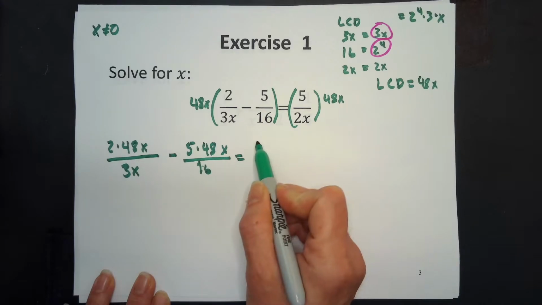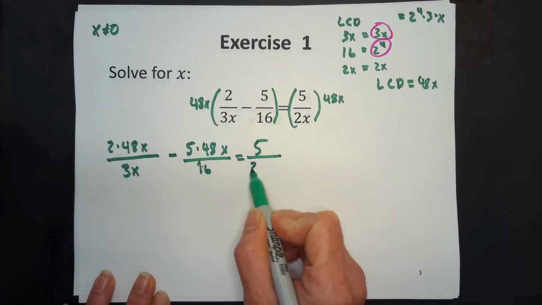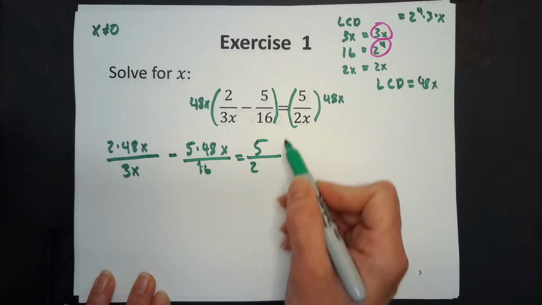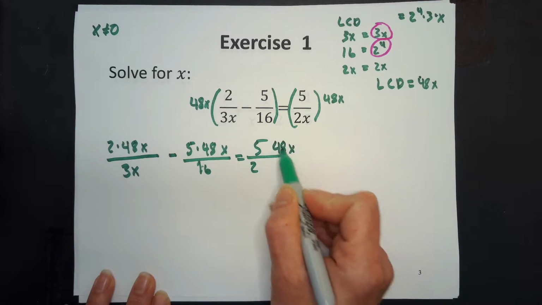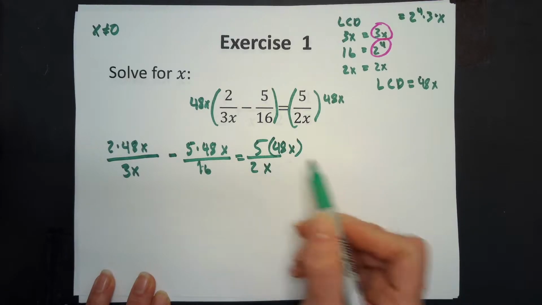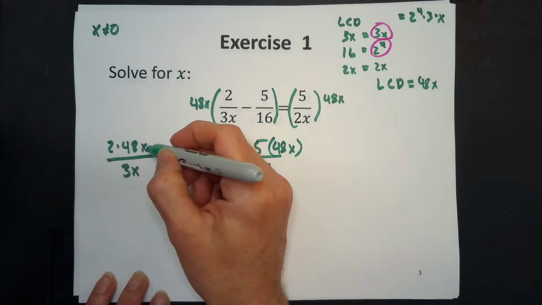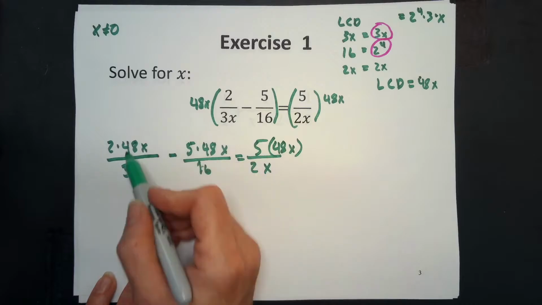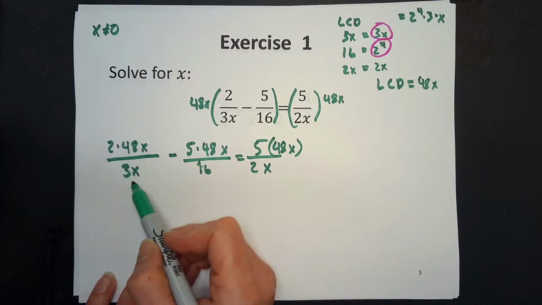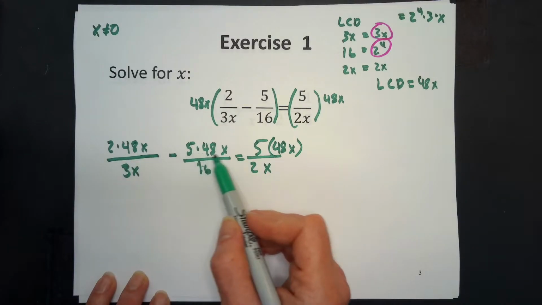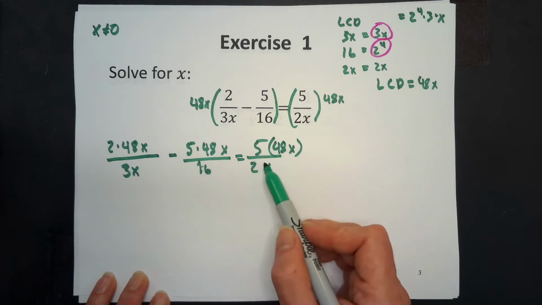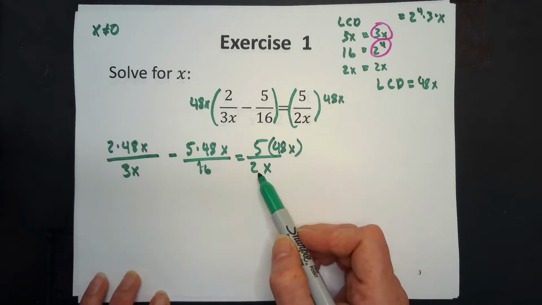And then we say that equals 5 over 5 times 48x over 2x. So now I'm going to have 2 times 48x. I've just distributed my 48x to all my numerators. So 2 times 48x over 3x, 5 minus 5 times 48x over 16 minus 5 times 48x over 2x.